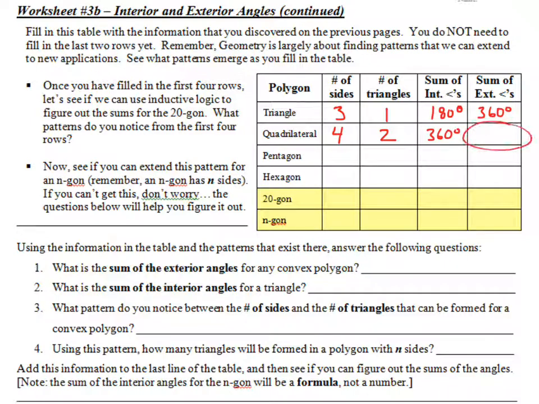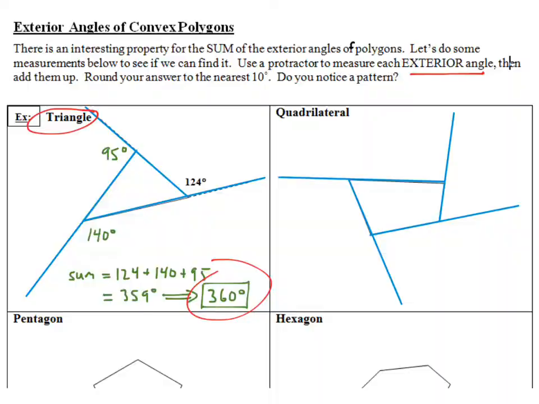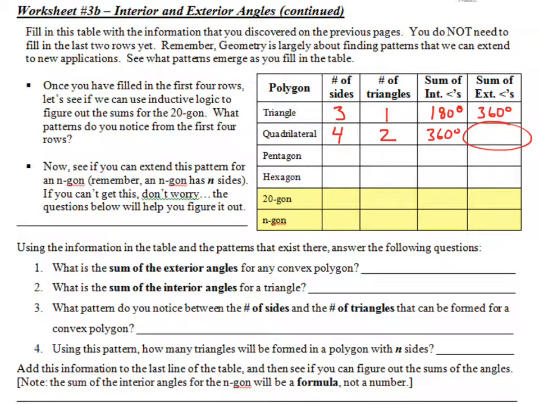And we have not gotten as far as finding the sum of the exterior angles. At least I didn't do that. You should have done that, though, back on this page. So whatever sum you found here for the quadrilateral should now go into your table. Okay? So finish filling out the rest of your table right now.